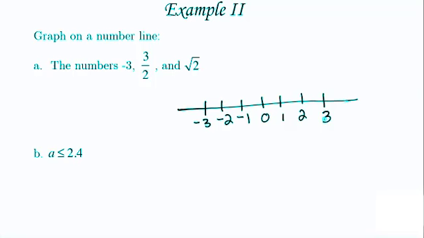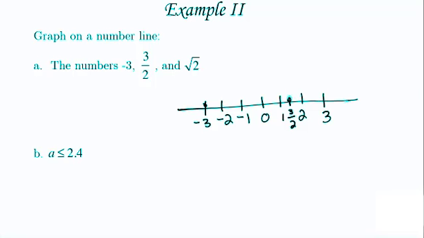I look at my first number, -3. That's pretty easy to graph here on the number line, right at -3. The second number is a fraction, 3/2, and that's equal to 1.5. So it's going to be right here between 1 and 2.